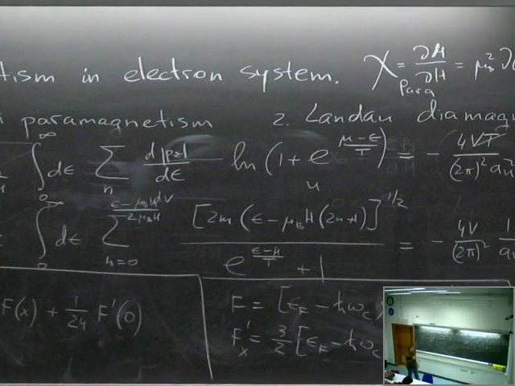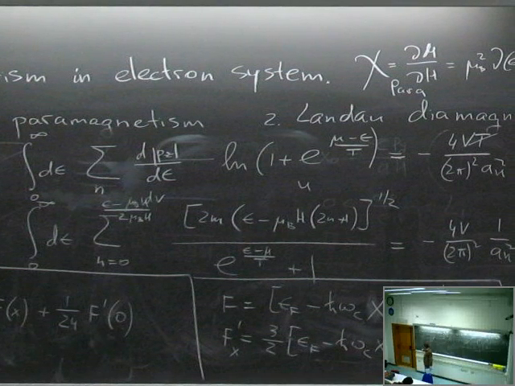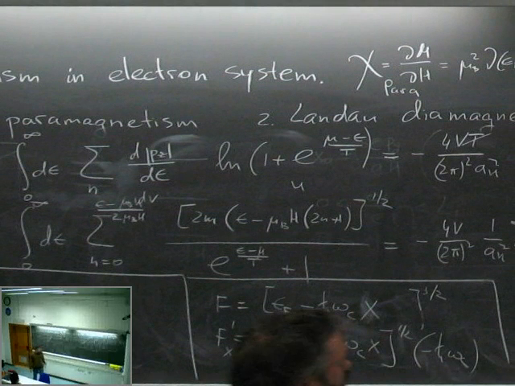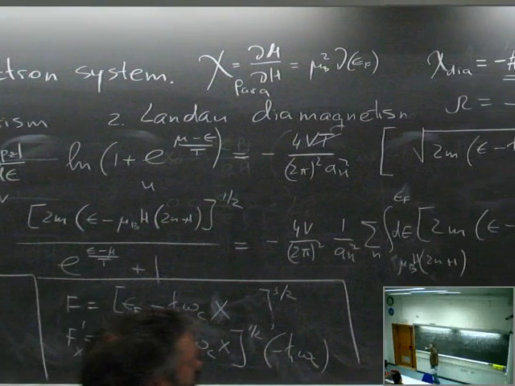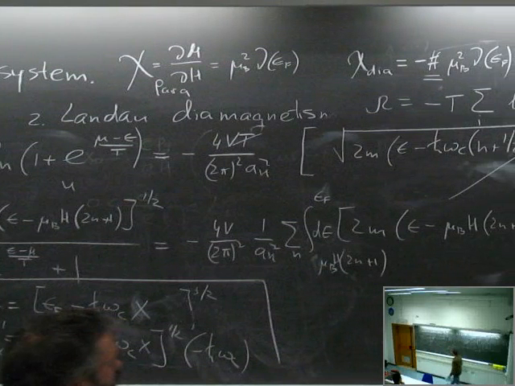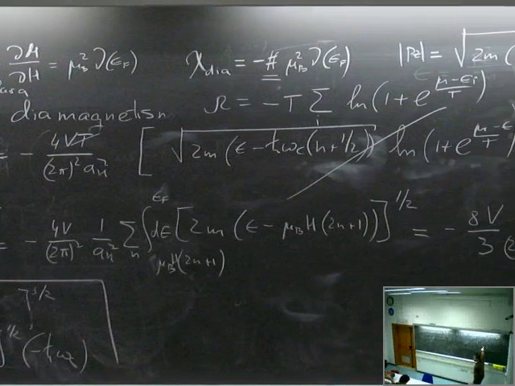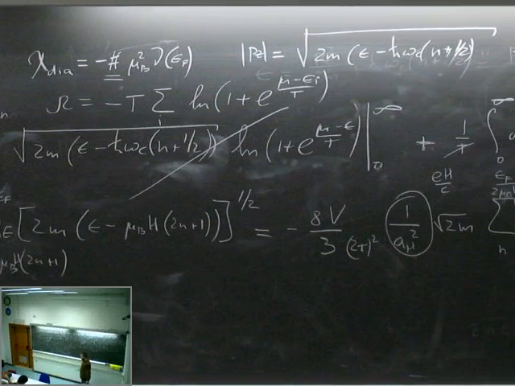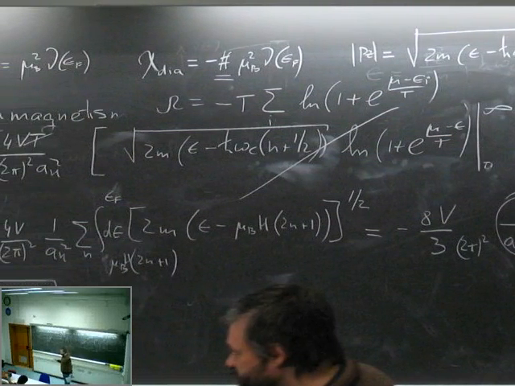So then I need to multiply by omega c in order to have this variable dimension and divide by omega c. Therefore, the contribution from the first term will not depend on the magnetic field, because I have to divide it by omega c, and omega c is proportional to magnetic field itself. At home, please use this formula and calculate this term.